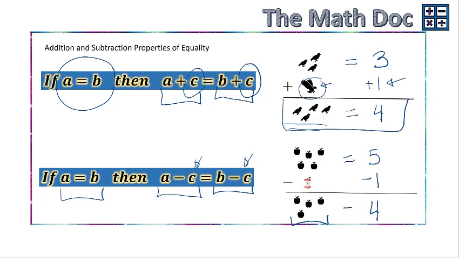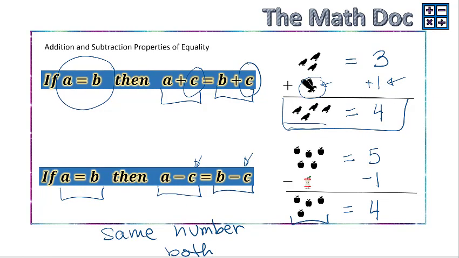And so again, we can write the equality. So by adding or subtracting the same number, and remember, it has to be the same number, from both sides, okay, that's the important point, both sides of the equality, we keep this equality. The equality remains true.